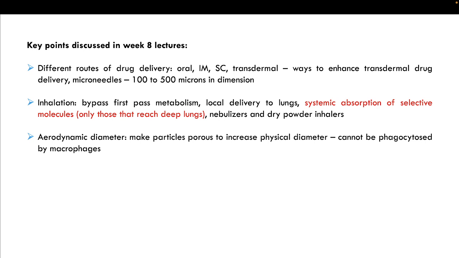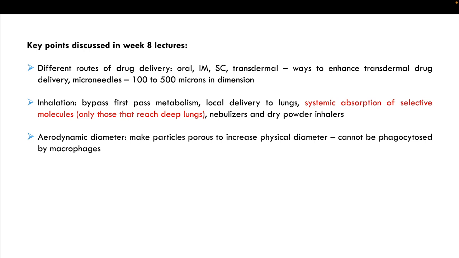So now, because the physical diameter is much more than 5 micron, your macrophages will not be able to take them up. But since these are very less dense particles, they can easily reach through your airways to the deep lungs, and they can be absorbed by the bloodstream.